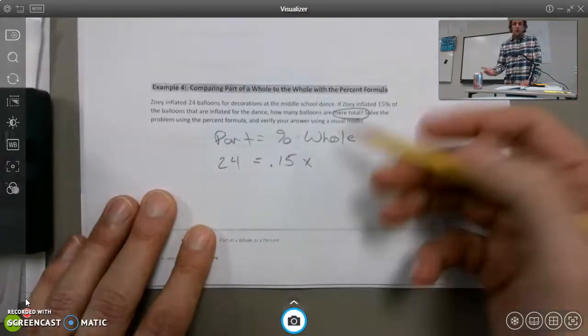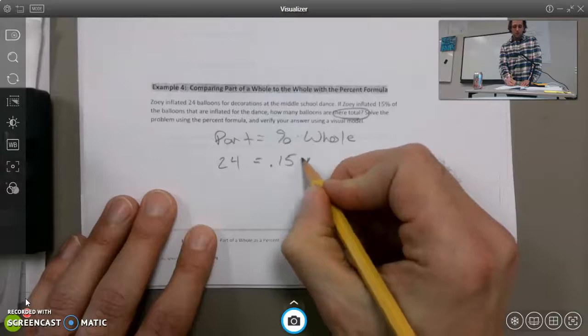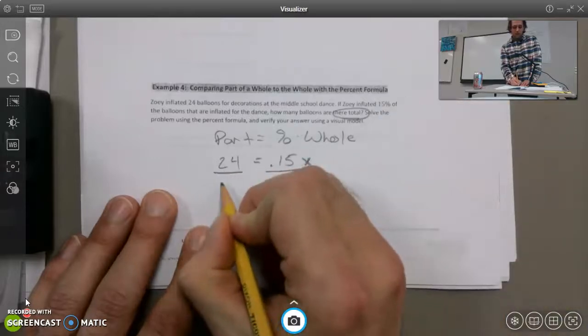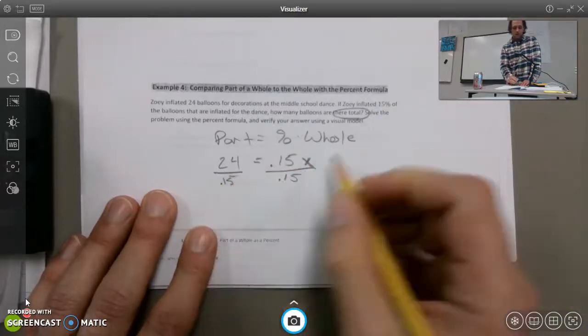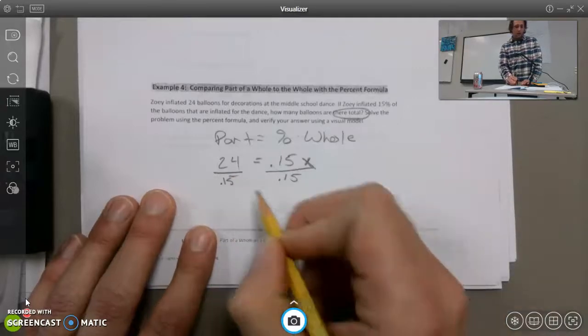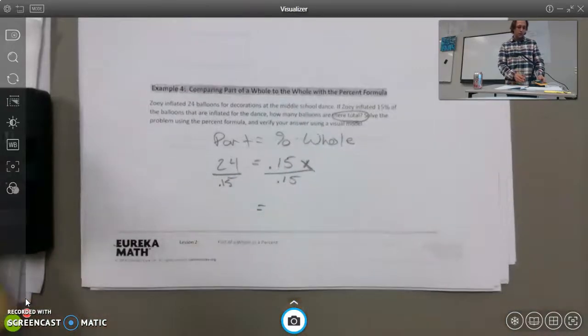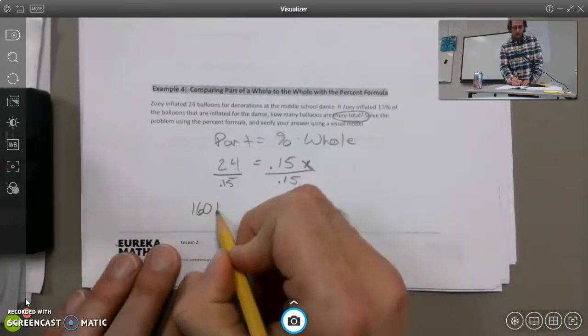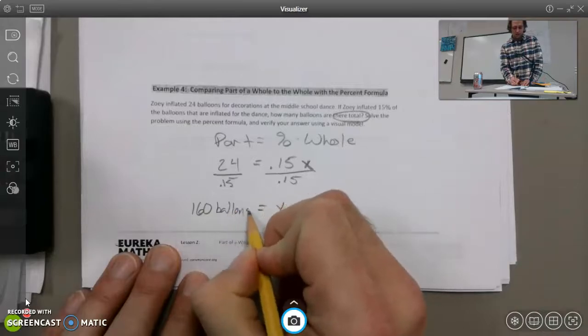We don't know what that is. What's the whole? I don't know. I'm just going to put an X here for the whole. Now, to solve, I would divide by the coefficient, and I'm solving for X. So 24 divided by 15 hundredths is 160. So there would be 160 balloons total. All right.